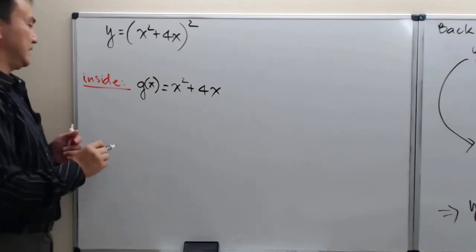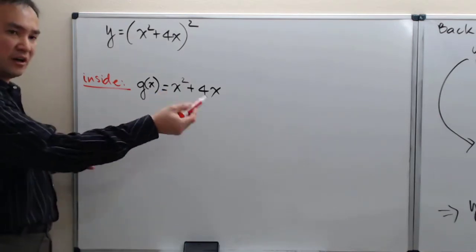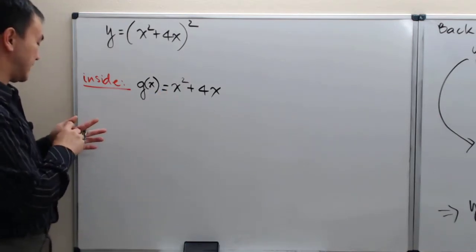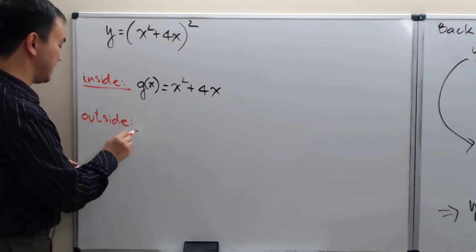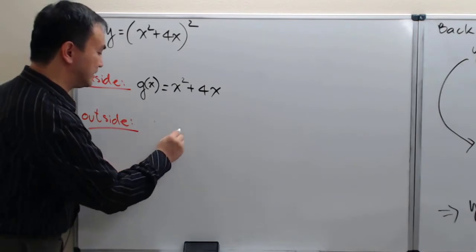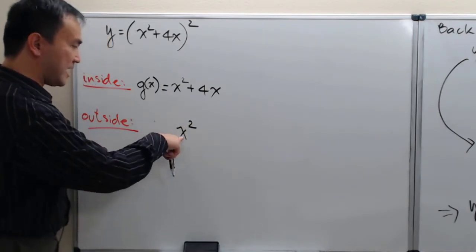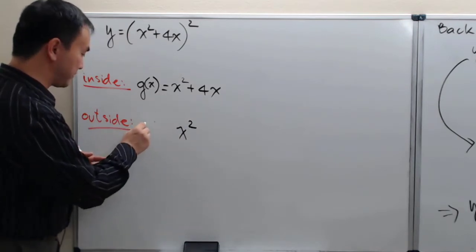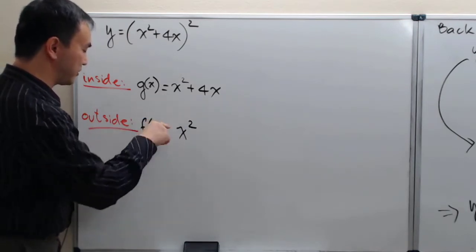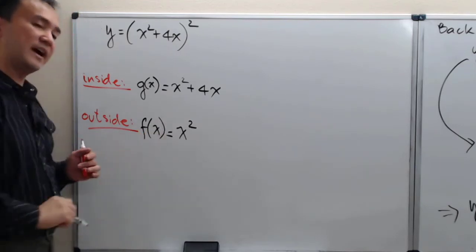Okay? And then the outside function, there's a different way of understanding that here, that we can have a function x squared. Now this x is not necessarily the same as that x right here, it's just a variable of some function. And I call this x squared function the f of x function being the x squared.